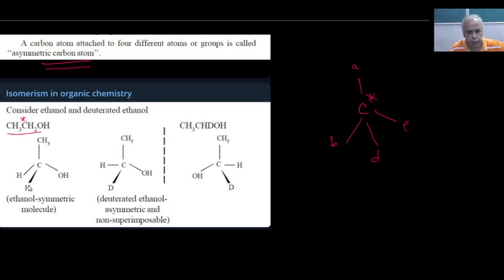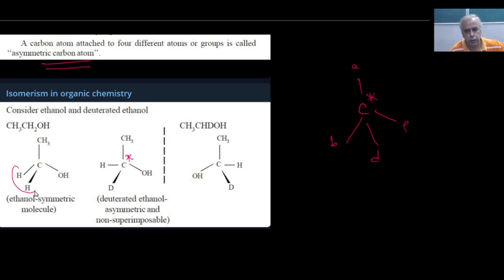The C is attached to hydrogen, so this is hydrogen. So this is not optically active. Why? Because these two hydrogens are same, whereas in CH3CHDOH, when I replace this hydrogen with D, then it becomes optically active. Do you understand this? Then you can say this is optically active.